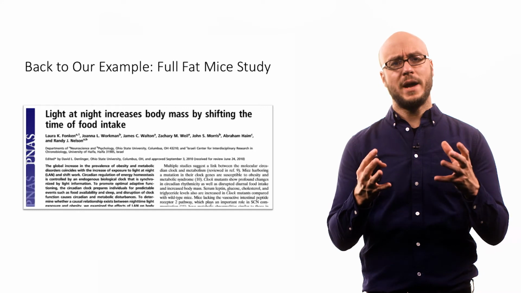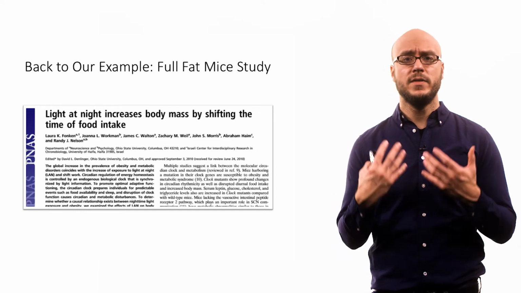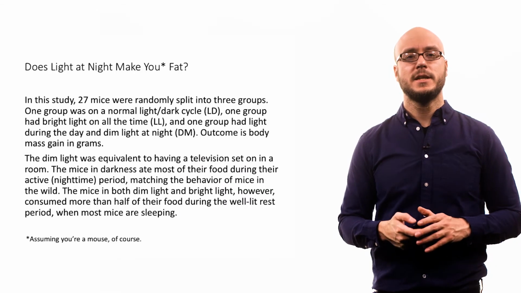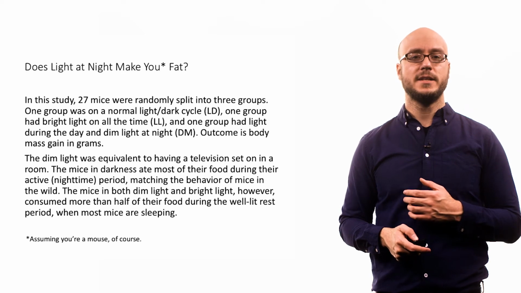Now, we should also go back to our original example of the fat mice study. Recall that this is a study designed to compare different treatment and control groups with the idea of asking the question, does light at night increase weight gain? They're looking at mice, but they're really interested in people. So let's look at this data set again.